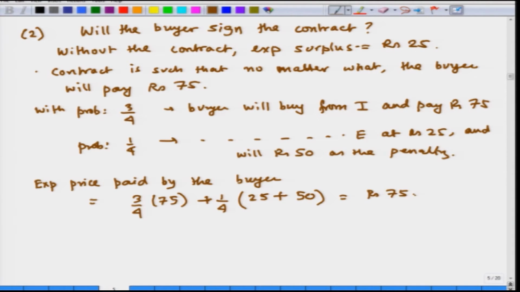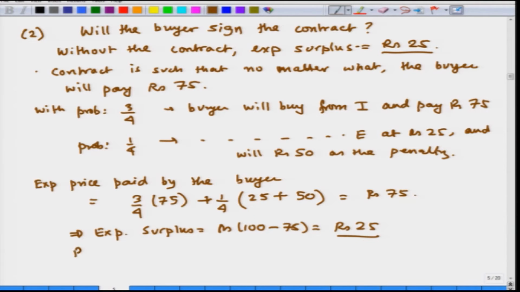The expected price paid by the buyer with the contract is again rupees 75, which means the expected surplus is rupees 100 minus 75, which is again rupees 25, right. So, the expected surplus for the buyer does not change. So, the buyer is not worse off with the contract.